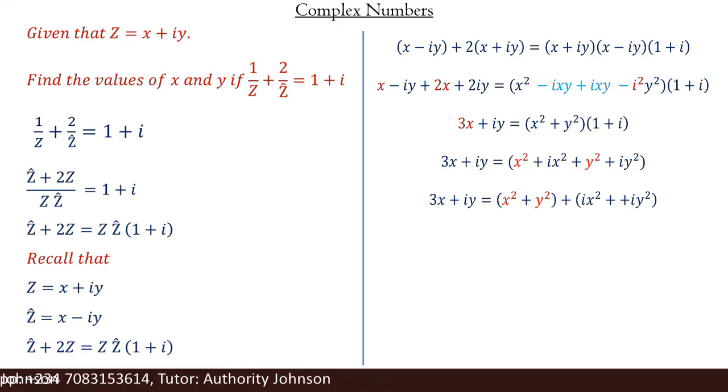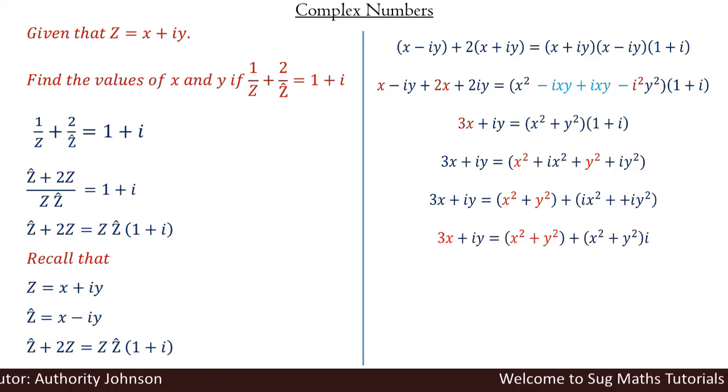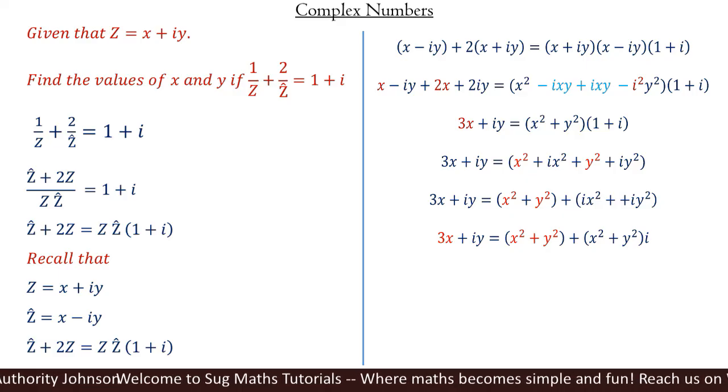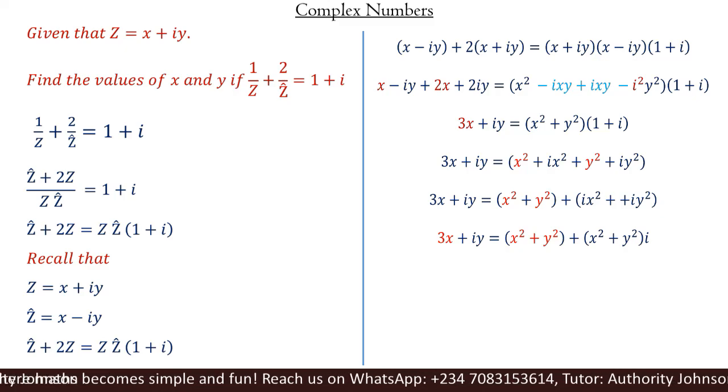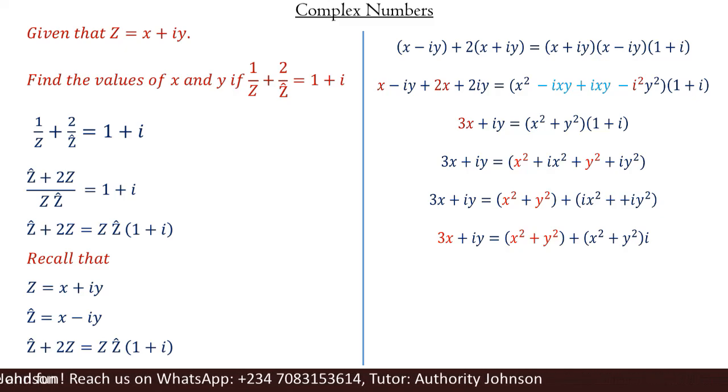Now let's group it together. The real part, let it be inside a bracket, and then here we have ix squared plus iy squared. Let's factor out the i, which makes it imaginary. So when we factor it out, we have that 3x plus iy is equal to x squared plus y squared plus open bracket x squared plus y squared close bracket i.